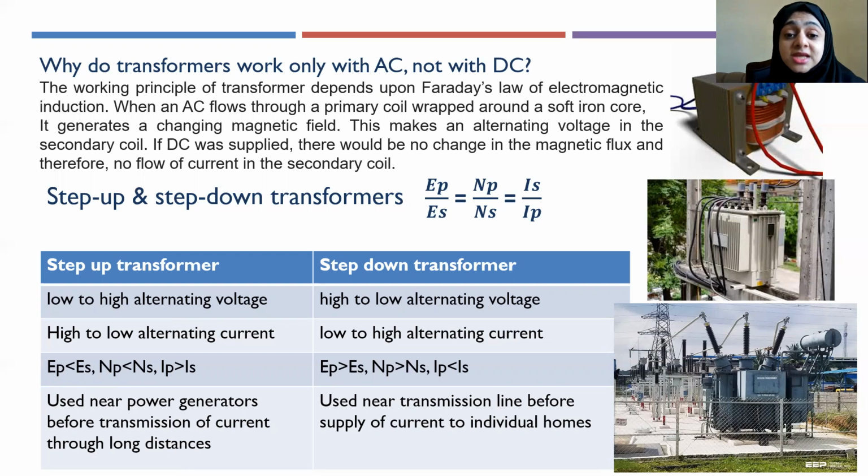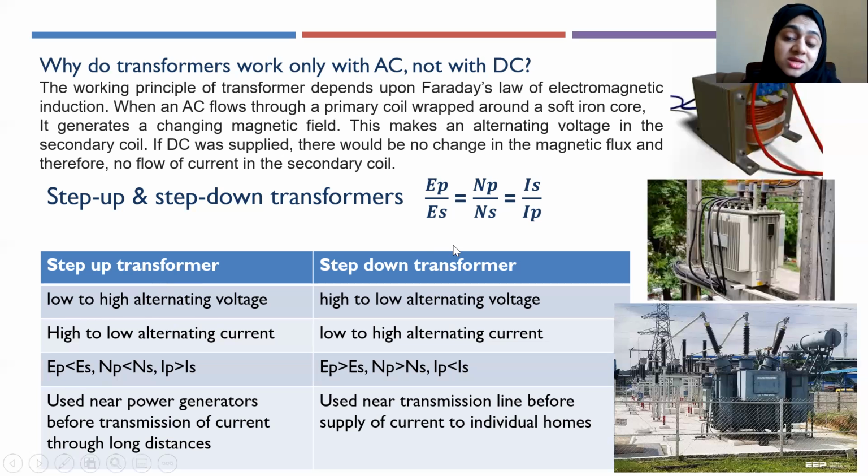So if you are sending a high amount of current through a large distance, a lot of electrical energy will be lost as heat. Now we don't want this electrical energy to be lost. So what do we do? We will reduce the amount of current before it is transmitted through large distances.